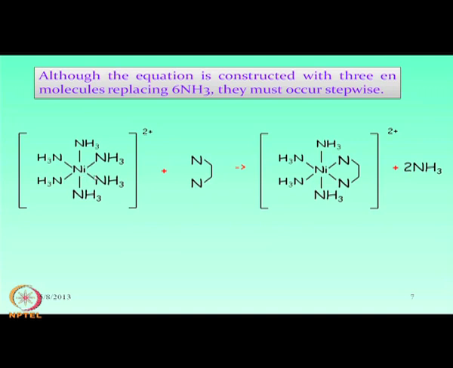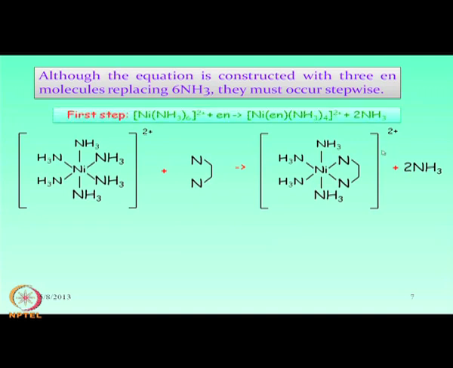Therefore, we consider that in the first step, one ethylene diamine molecule is attaching to the molecule, but it is very difficult to isolate in the solid state and characterize by structural or spectroscopic methods the species where the nickel center is bound to 4 ammonia molecules and 1 ethylene diamine, because this is an intermediate species forming within the solution, and its stability is not so high that we can isolate it by using some other anion.